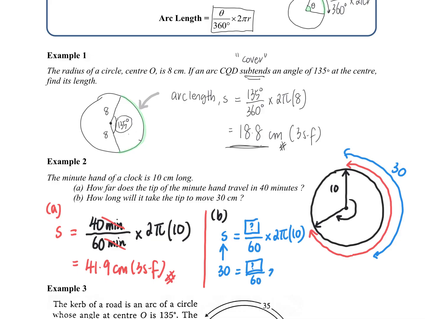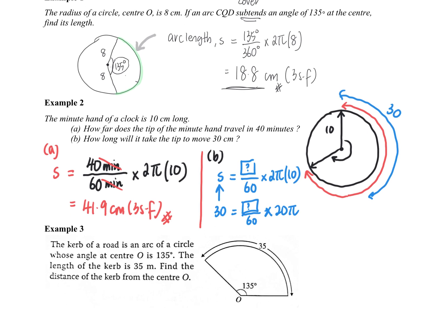So let's do it part by part. To solve for the unknown box, you will first divide this 20 pi over. Once you are done with that, maybe writing like that is easier.